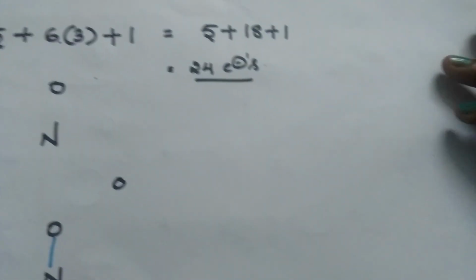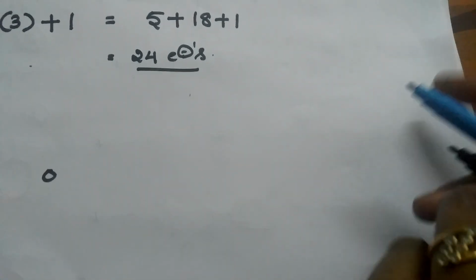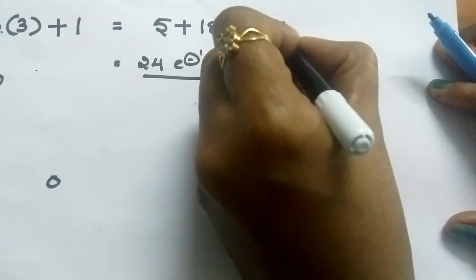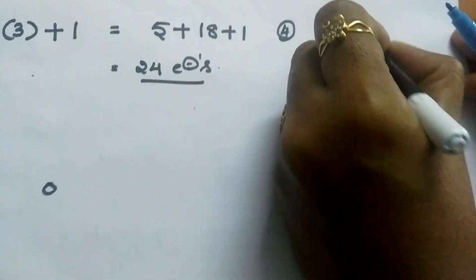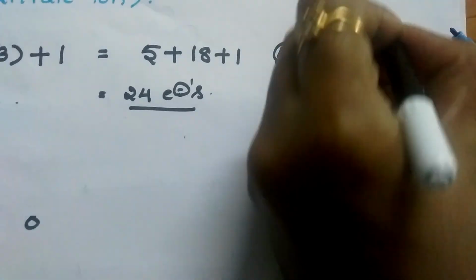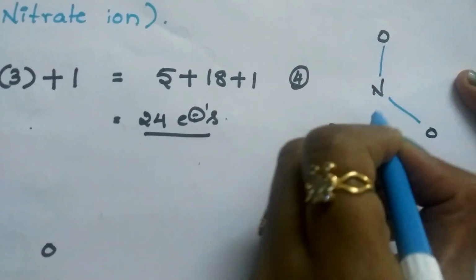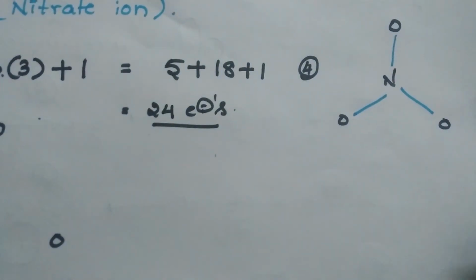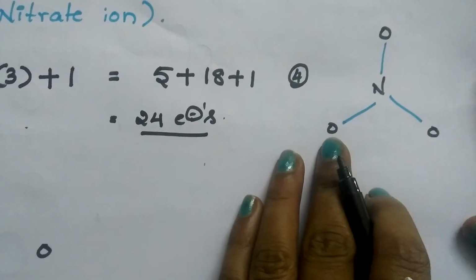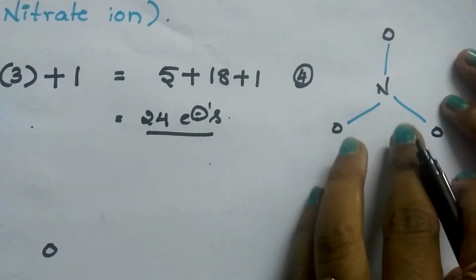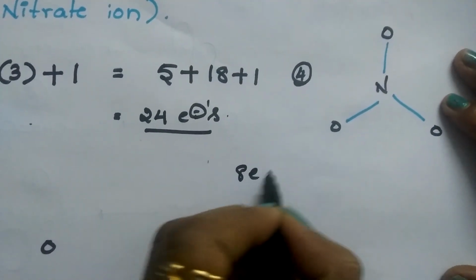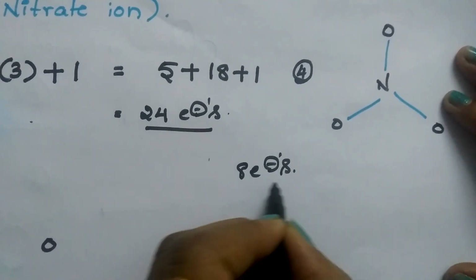Now, step number 4. Complete the octet with remaining electrons. Octet means having 8 electrons in the valency shell.